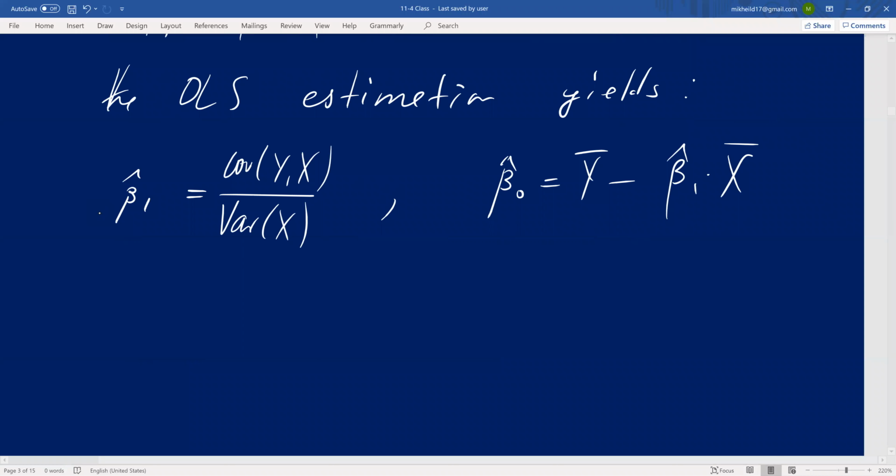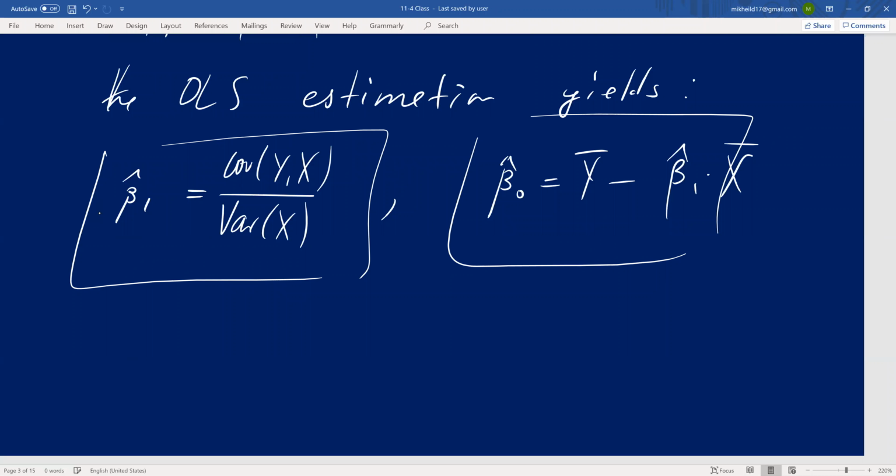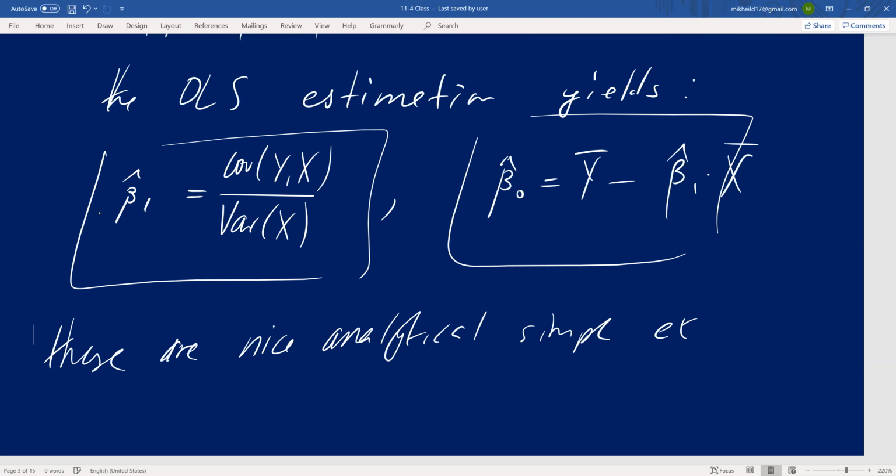So these are nice, simple analytical expressions for beta hat 1 and beta hat 0, right?